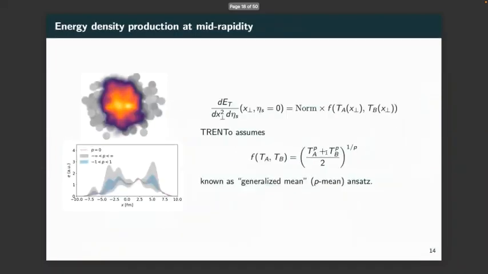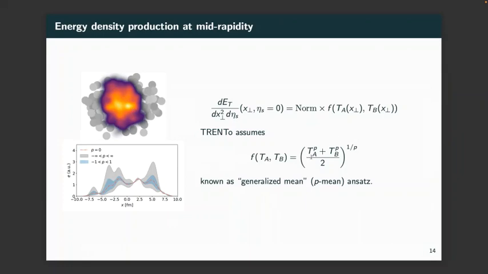And then you convert this, because eventually you have to do centrality selections. We have to know how much energy is produced. We use this Trento mean ansatz that converts locally the thickness from the two nuclei to the production of transverse energy at each local point.